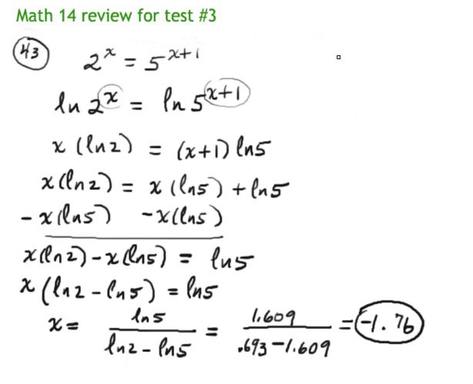And again, if you want to do a little check, you can. Let's do that. Let's do 2 to the minus 1.76. And we want to see if that's equal to 5 to the, here we have 1 plus minus 1.76 would leave us with minus 0.76 in the exponent. So let's use our exponent function on the calculator. And we have 2 to the minus 1.76.